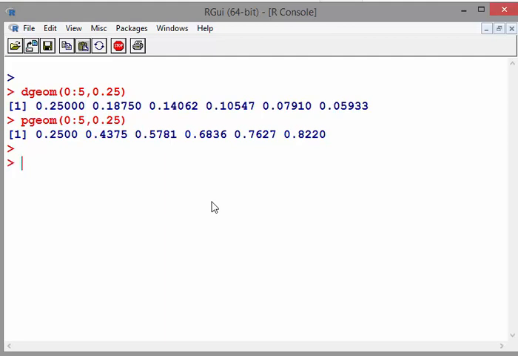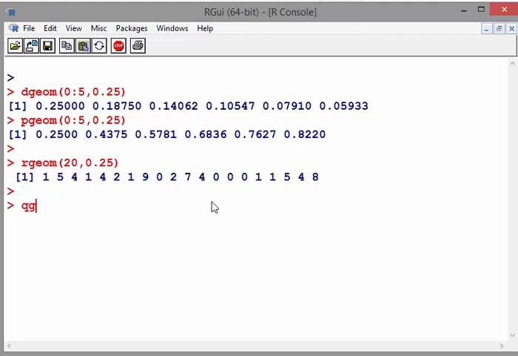You can also do rgeom, which is just to randomly generate, let's say 20, with 0.25. There we go. There are many applications where this is useful, though I can't think of any off the top of my head. There's also qgeom, with 0.5, let's say 0.25, but I don't think that's particularly useful.